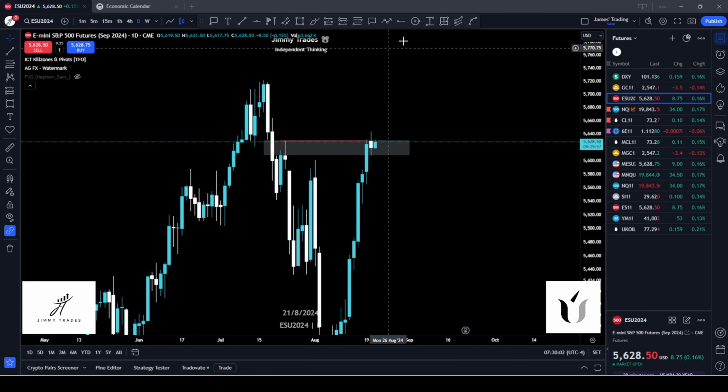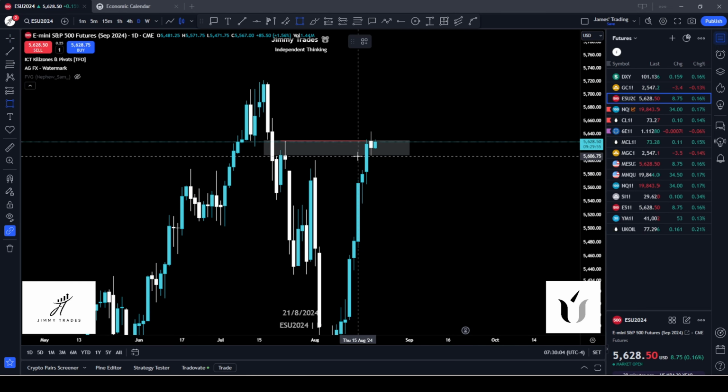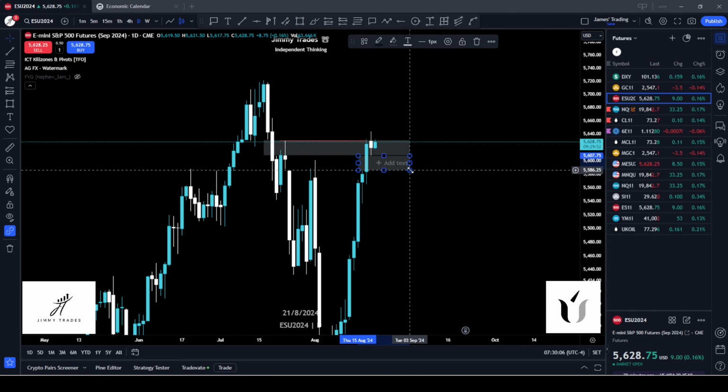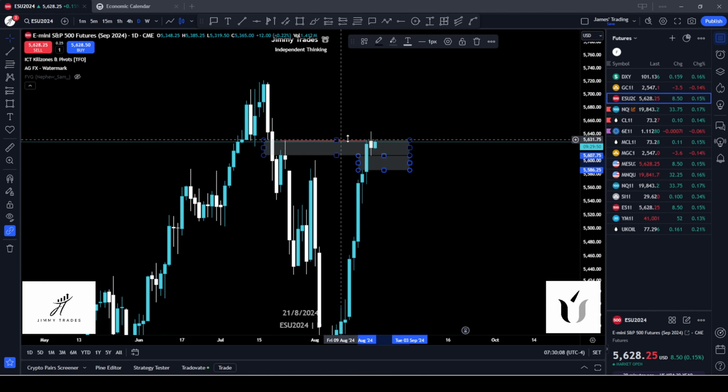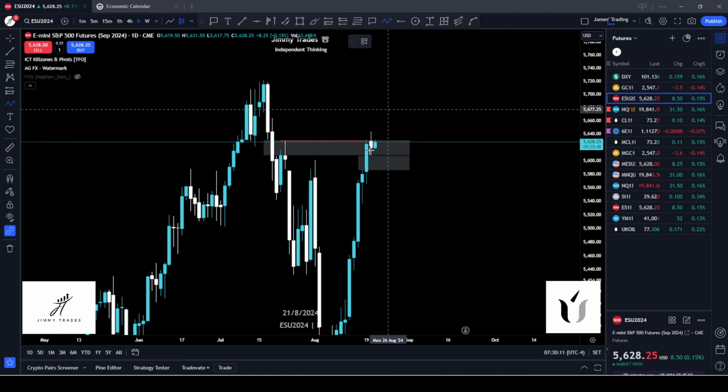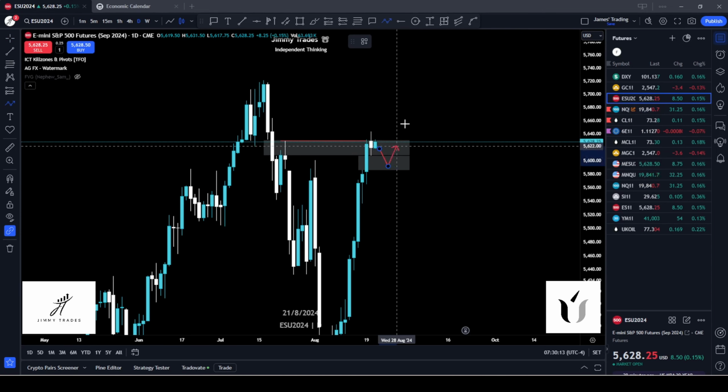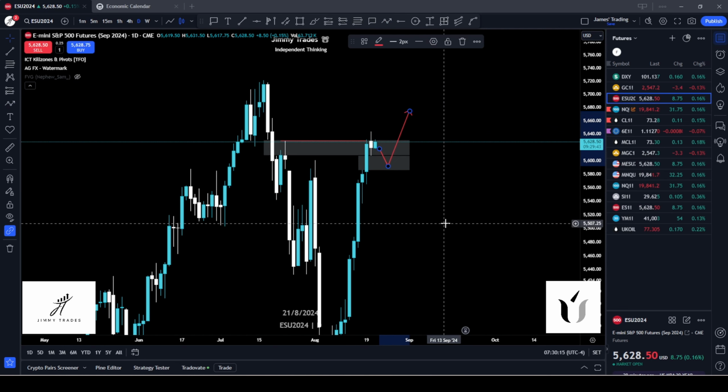So I'm anticipating that we might see price reach back into this bullish FEG, something like this. And then we might see that continuation higher.